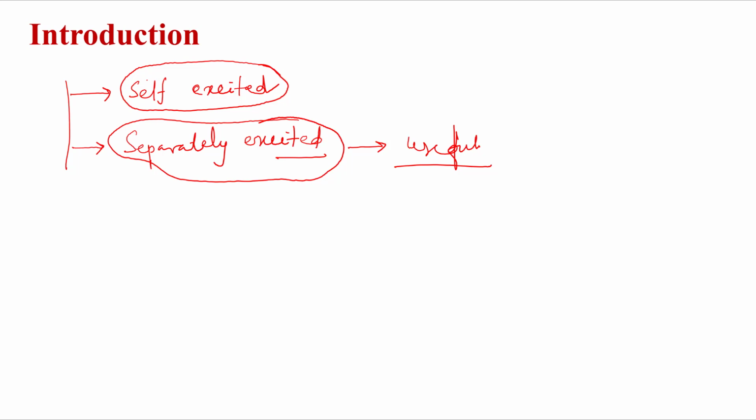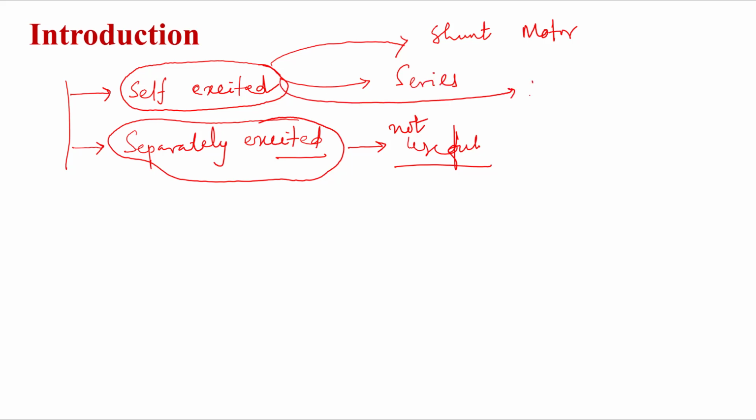And we know that self-excited DC motors we can classify as shunt, series, and also compound.